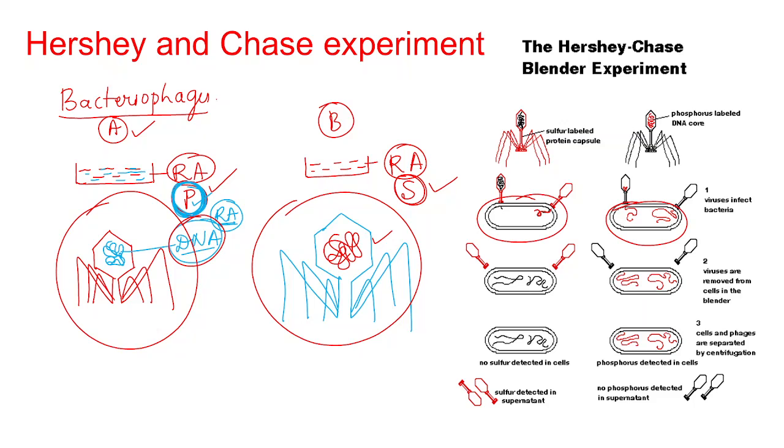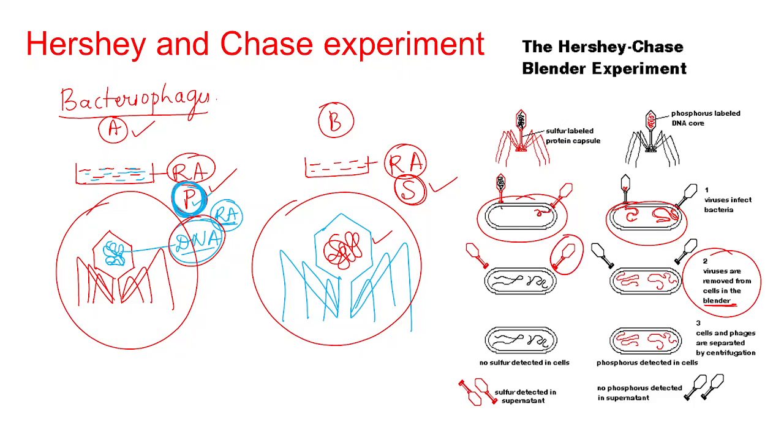See here, they have injected their genetic material inside the bacterial cell. As usual they will inject their genetic material, and the injected material will stay inside the cell. After proper blending, or vigorous mixing, what will happen?